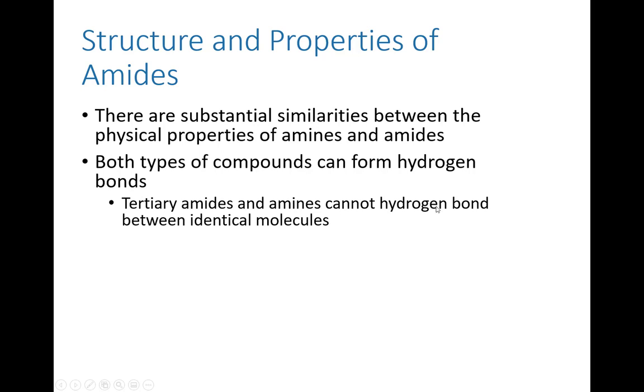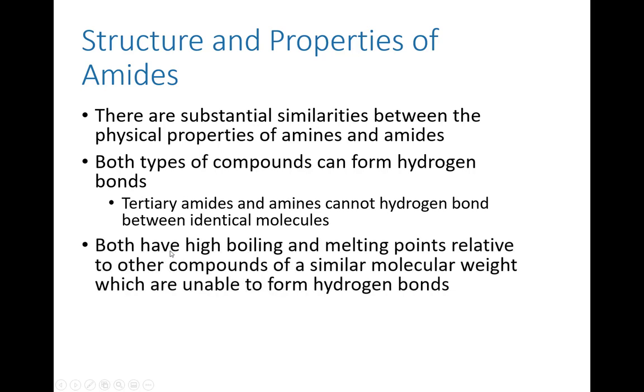They cannot hydrogen bond with other tertiary amides, and so therefore we would expect them to have slightly lower melting points and boiling points than the other types of amides. So we would expect primary amides and secondary amides in particular to have fairly high boiling and melting points compared to other compounds. However, they are generally not going to be as high, and this is true for amines, as, say, alcohols and carboxylic acids.